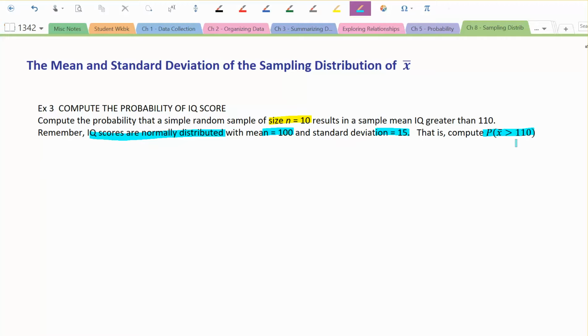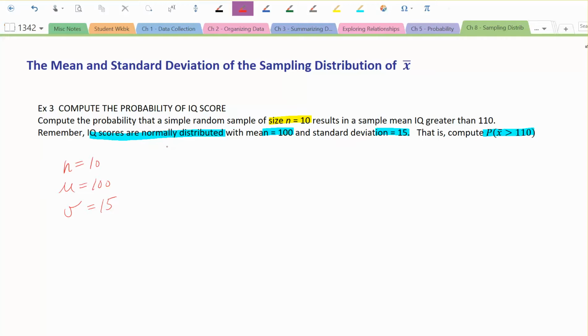So let's record a couple of those things down. I know that the sample size is equal to 10. I know that the mean of the population was 100, and I know that the standard deviation of the population is 15. We are told that this has a normal distribution.